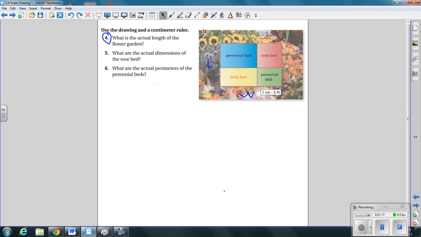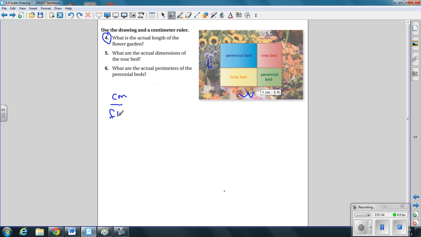For the next couple of examples, we're going to use a centimeter ruler. So what I'd like to do first, I'm going to walk you through these. We're going to find the actual length of the flower garden. So we're going to compare centimeters to feet.